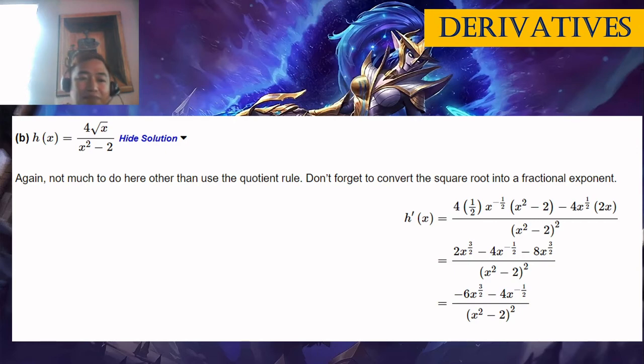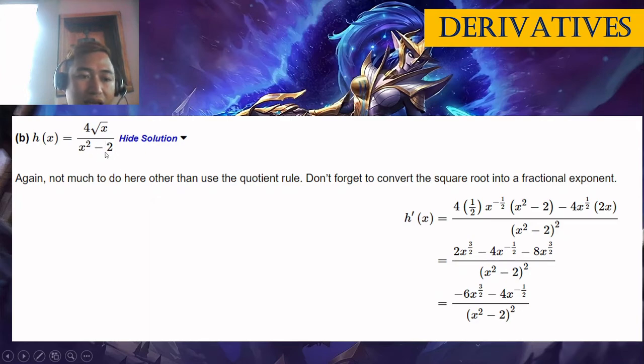Next class example, okay, kani siya, quotient rule nga na ay, ang exponent ani kay na ay rational sa exponent dire. Okay, so 4, this is x to the 1 half ha, pwede na siya. Dayon, x squared minus 2. Okay, derivative class aning taas, this is 4 times ato ni 1 half, tama, kay 1 half naman yung exponent. Nya 1 half minus 1, kay negative 1 half na siya.